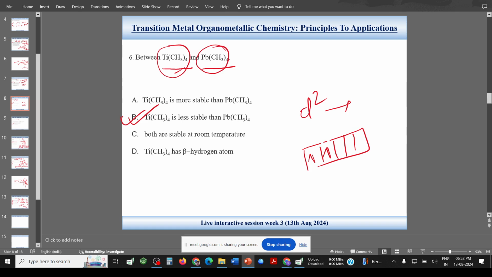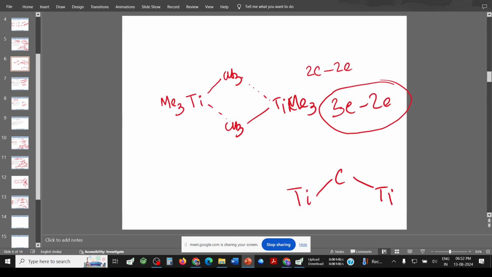Why? Titanium is a 3d element, whereas lead is in the 5d 6s group, where the methyl group is the same for both systems, 2p.